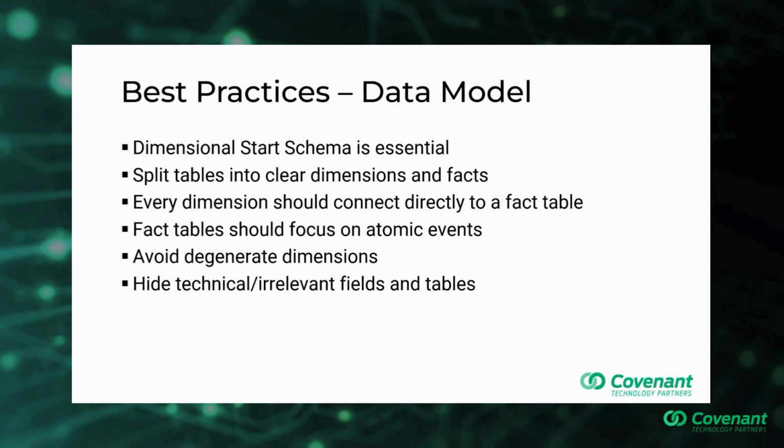Next, make sure that your tables are split into clear dimensions and facts. It is a common scenario in data modeling where we would use what are called degenerate dimensions. These are descriptive fields that are still on the sales order, still attached to the fact.